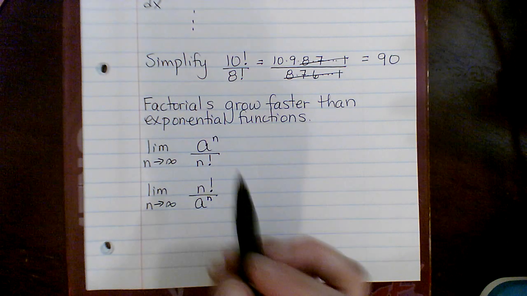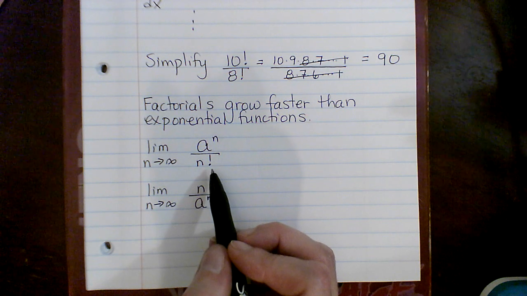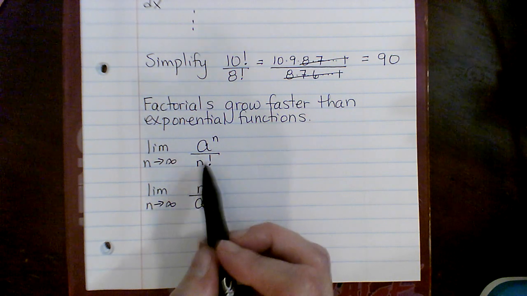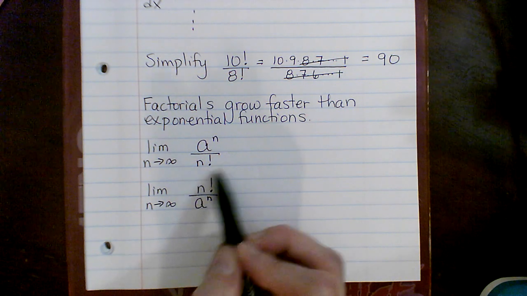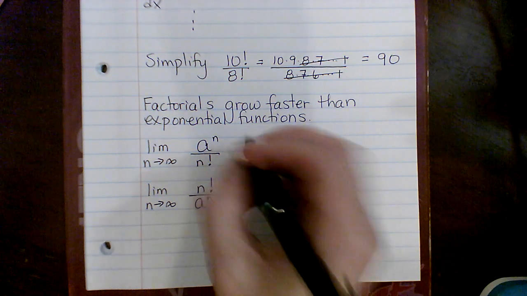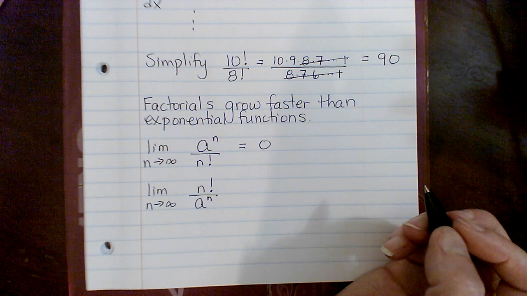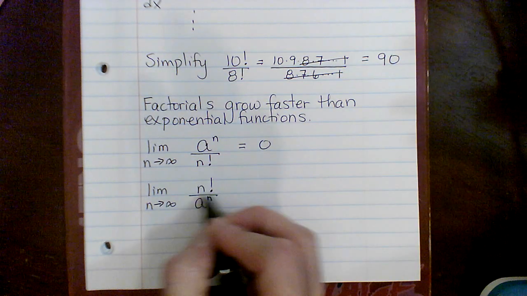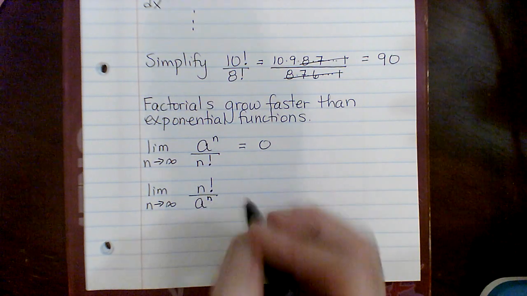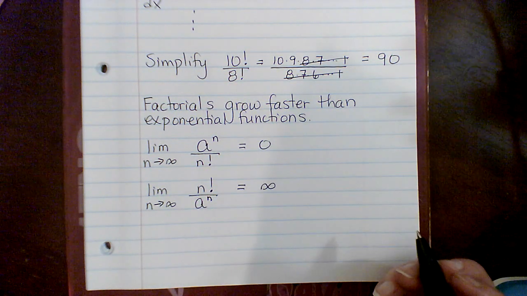Because the factorials increase so much faster than the exponentials, if the factorial's on the bottom, then the bottom's increasing a lot faster than the top. That whole fraction is going to 0. Here, the top is increasing a lot faster than the bottom. So that one's diverging because that whole thing is going to infinity.